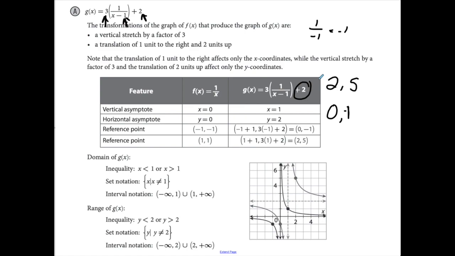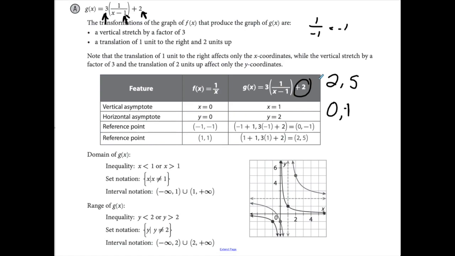Anyway, let's talk domain and range. Interesting thing we see here is that the domain and range are based around the vertical and horizontal asymptote. Since the vertical asymptote is 1 in this case, because 1 makes the function undefined, the domain is everything but 1.